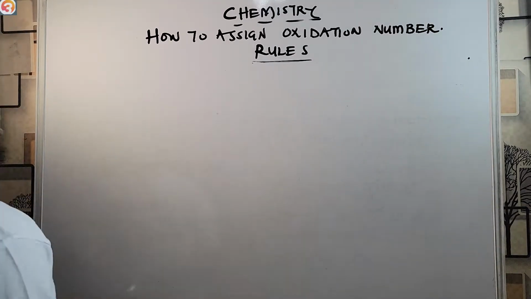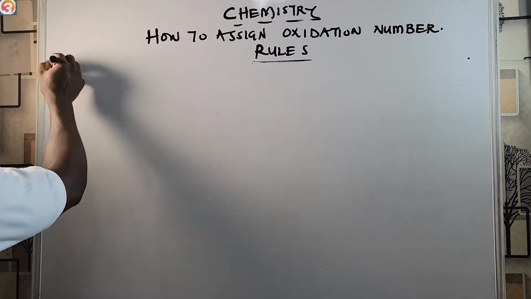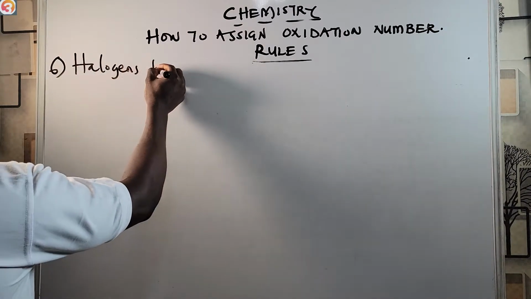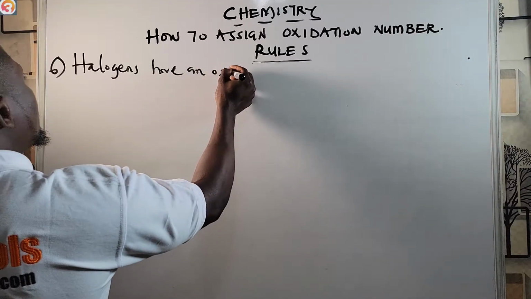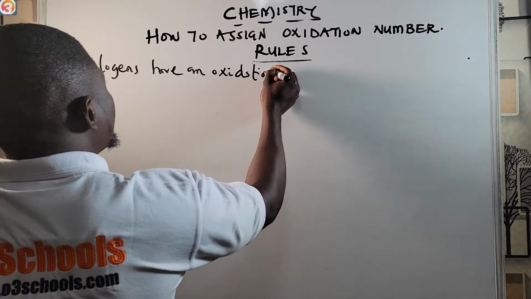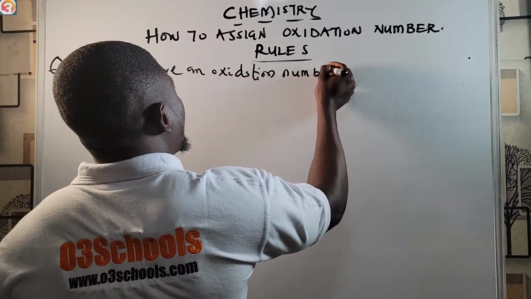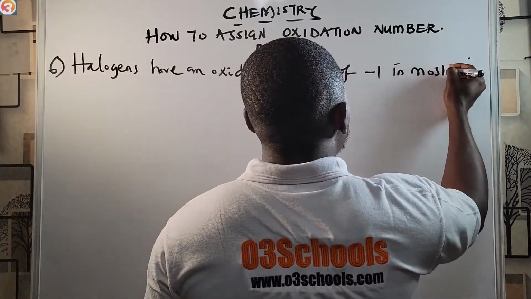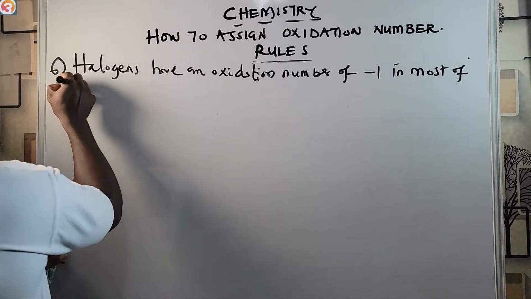That's number 6, the sixth rule. Halogens have an oxidation number of minus 1 in most of their compounds.